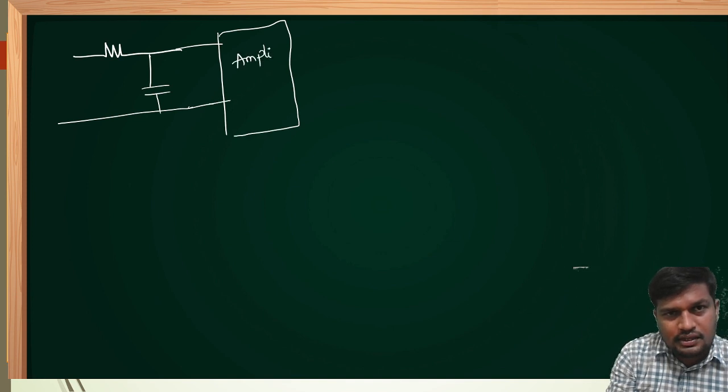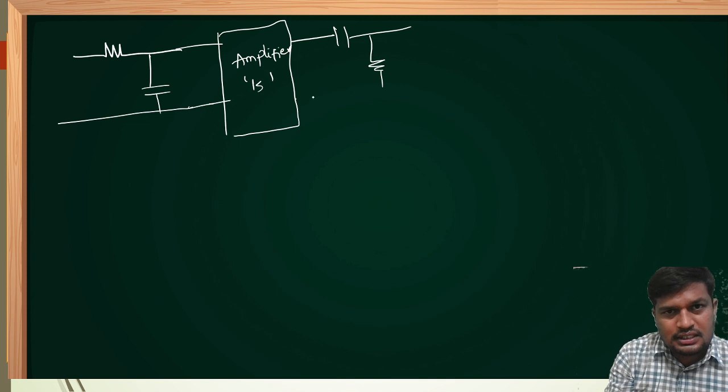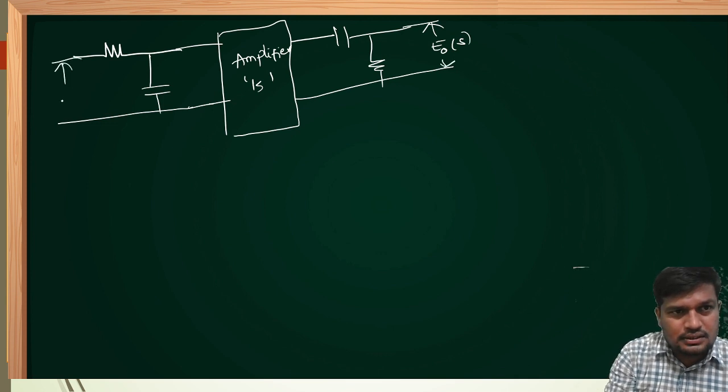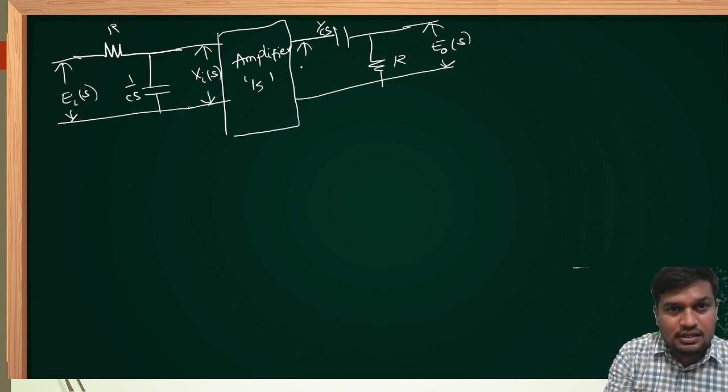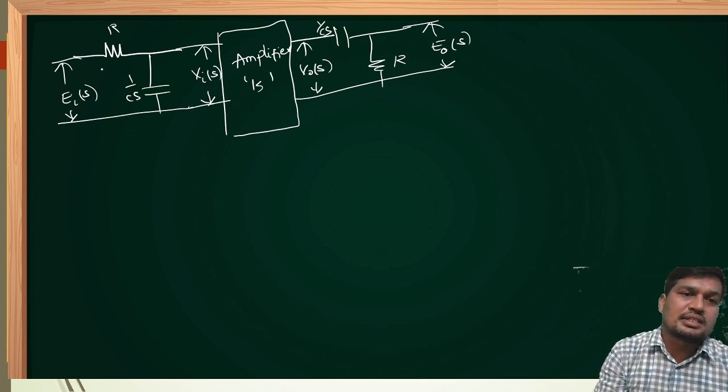This is an amplifier with gain K, and this is the capacitor, this is the resistor, and the output voltage, let's assume E naught of S here, and input voltage Ei of S. Resistor is R, capacitor is represented by 1 by Cs, this is also 1 by Cs, this is R. Let the input to the amplifier be Vi of S, and the output voltage across the amplifier be V naught of S. This is simple compared to the previous case.